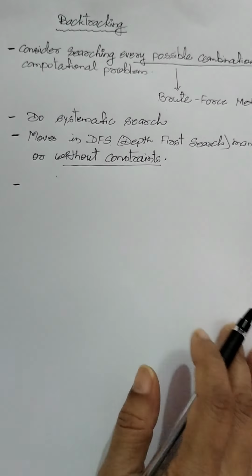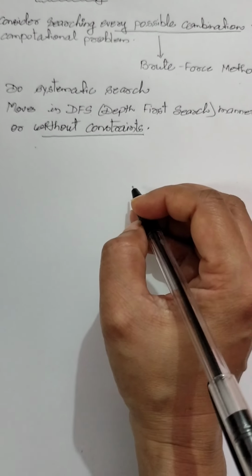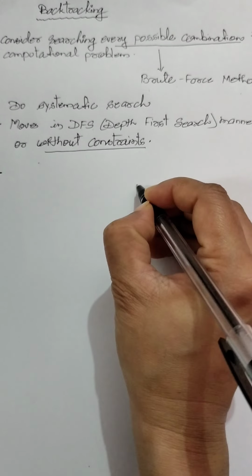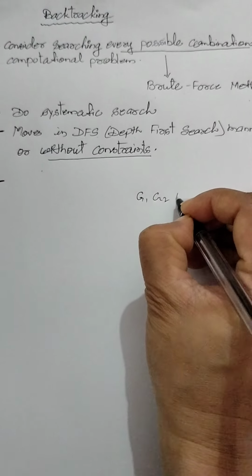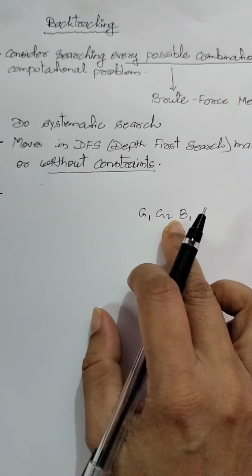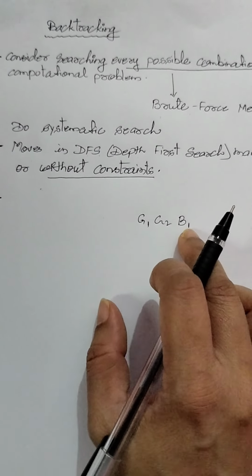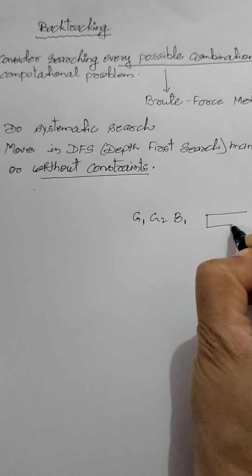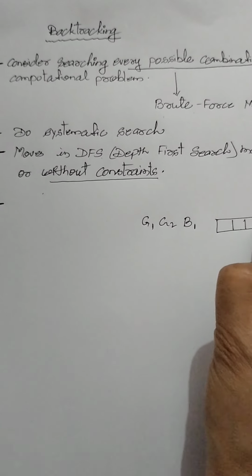For example, suppose we consider three students, namely two girls, G1, G2, and one boy, B1. We have three students, like G1, one girl, a second girl, and one boy, and we have 3 chairs.